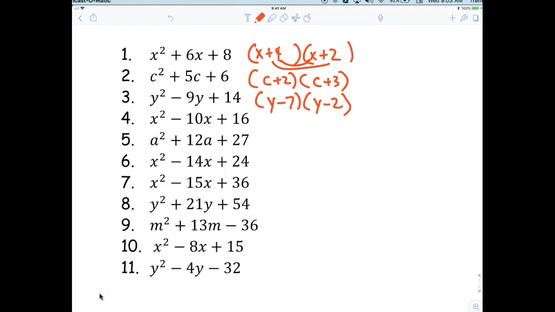Wait, how'd you get 2? I forgot how to do this. Remember now, the smiley faces. -7 and -2 makes that -9. Do you agree? And then y times y is y squared. -7 times -2 is positive 14. You happy with that? Michael? Yeah.